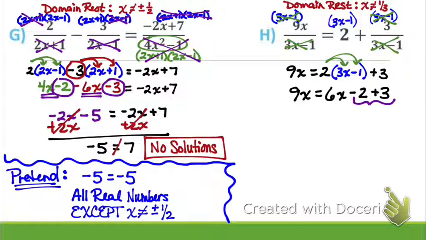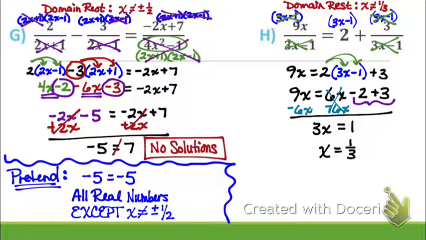Combine these together, but I can also subtract 6x from both sides. 3x equals what? 1. So x is, but is it? No. So what's my answer? Nothing. No solutions.